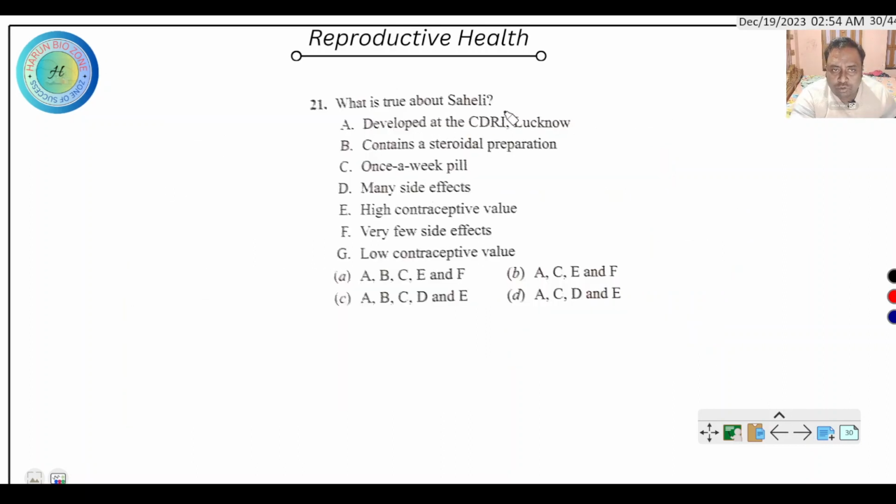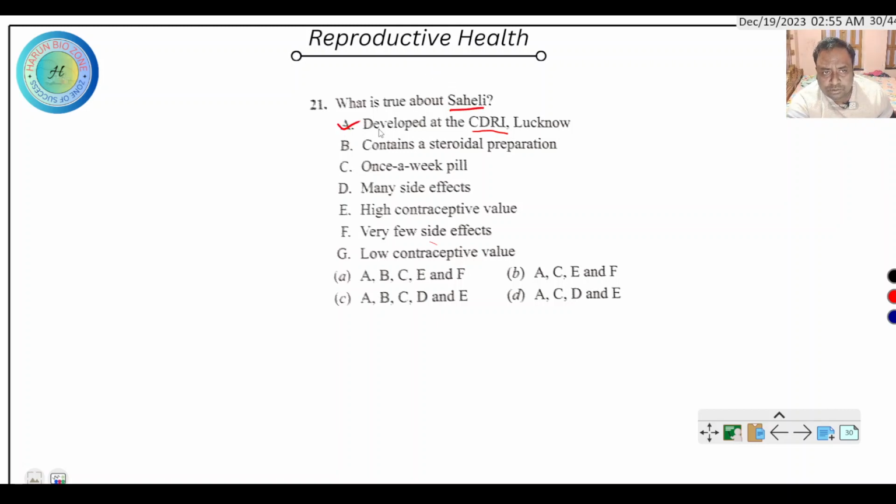What is true about Saheli? Developed at CDRI Lucknow. CDRI means Central Drug Research Institute, which is located in Lucknow. So Saheli is developed by CDRI Lucknow.